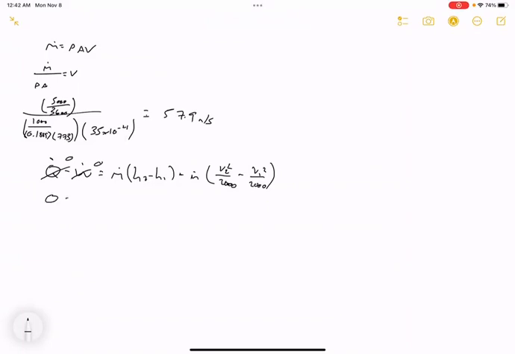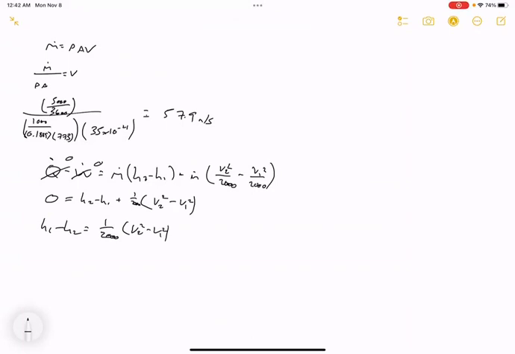If we divide the entire equation by m dot, we're left with H2 minus H1 plus 1 over 2,000 of V2 squared minus V1 squared. Bringing that over, we have H1 minus H2 equals 1 over 2,000 times V2 squared minus V1 squared.